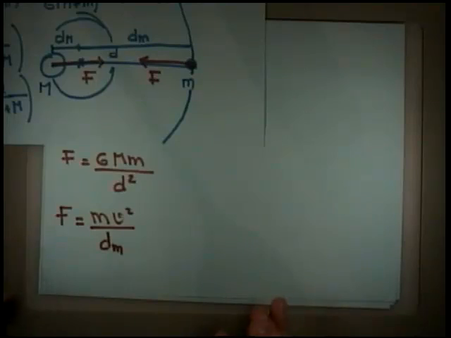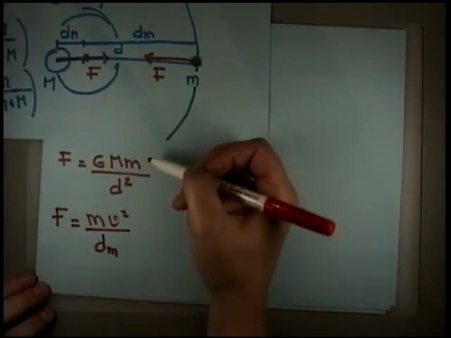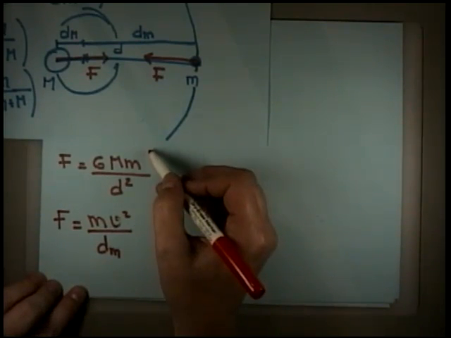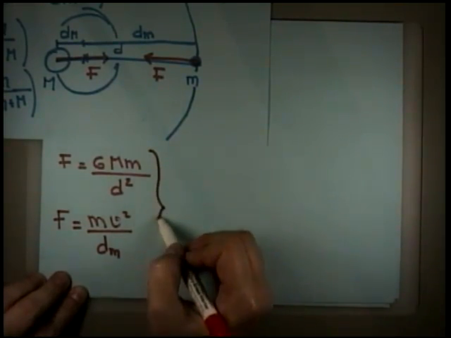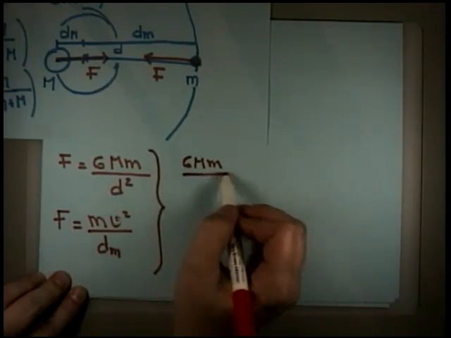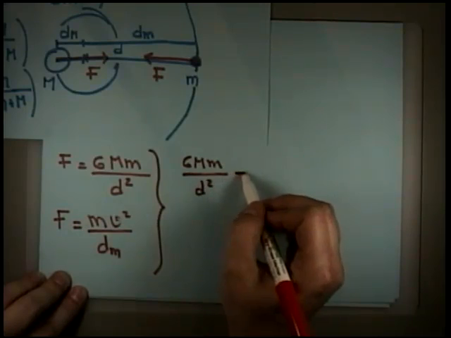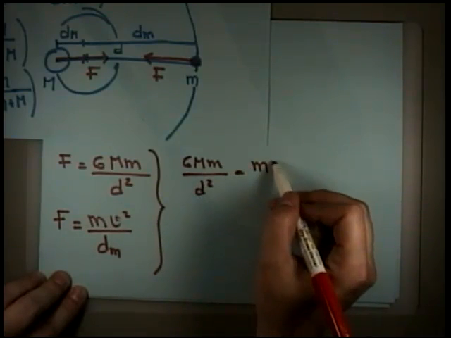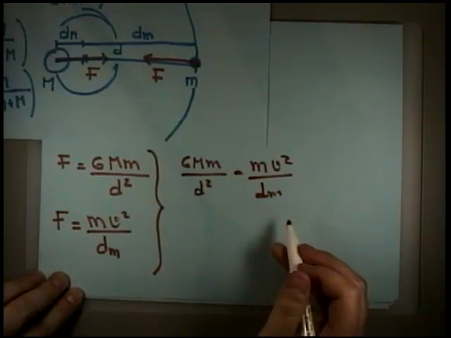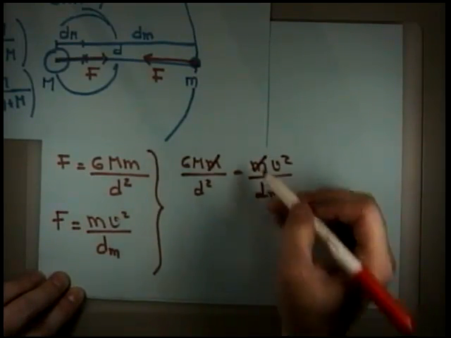That's it. So the two forces are equal. So now I can say that G big M little m over d squared equals little m v squared over d little m. This little m goes away with that little m.